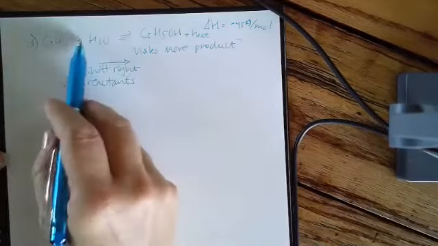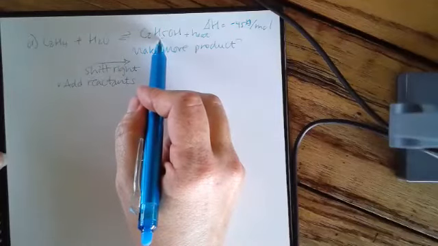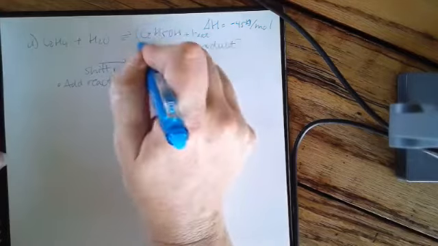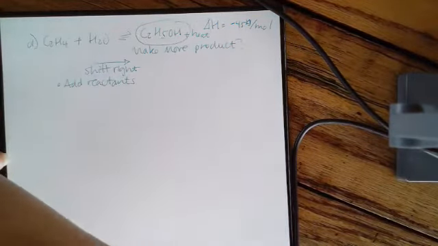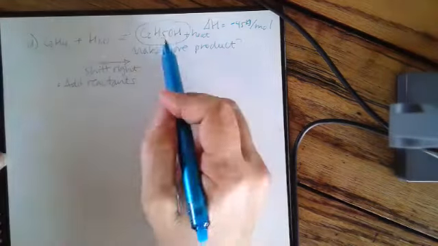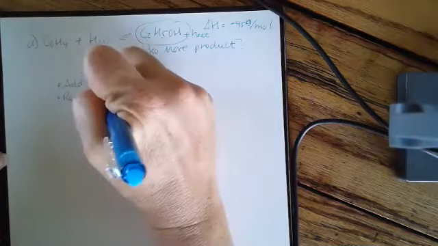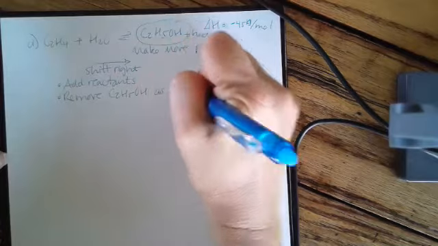You can also remove a product as it's formed. If you had a way to take this ethanol, was it ethanol or methanol? Yeah, ethanol. So take this ethanol and remove it as it's being formed. So remove the C2H5OH as it's formed.